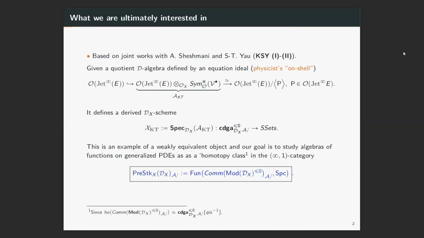I should mention first that today, as opposed to last time, I'll be sharing some results that I've obtained jointly with Professor Artan Sheshmani and Xingteng Yao. We have two articles that treat various aspects of this and set up this theory in a broader derived approach to nonlinear PDEs.